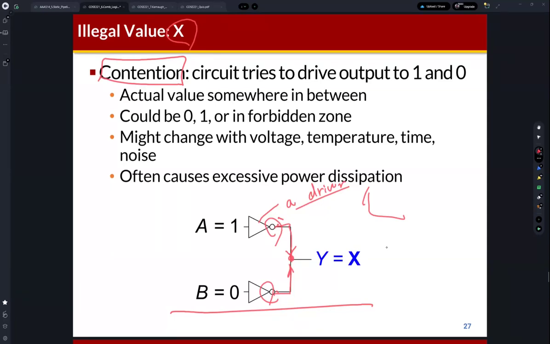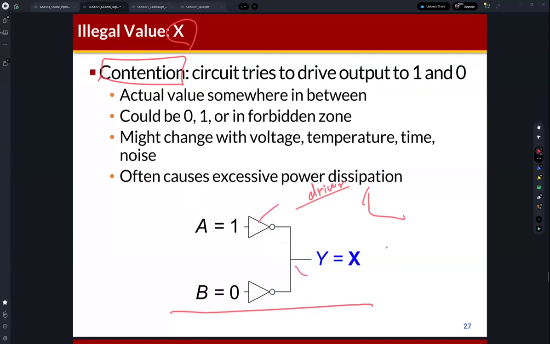So driving means that we can just force certain values to the output, right? It's the meaning of driving. So the problem is that the same node is driven by multiple drivers.